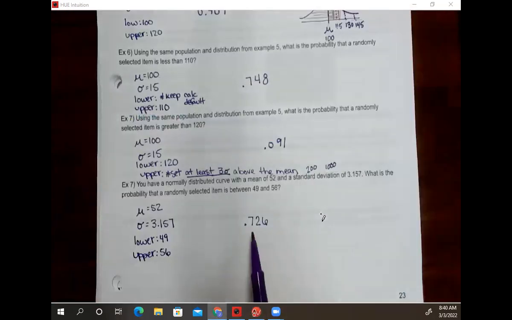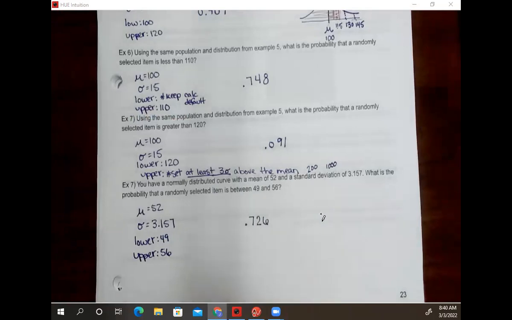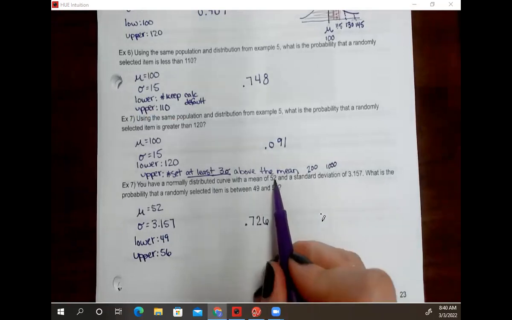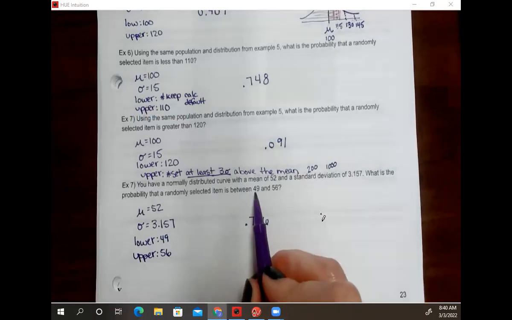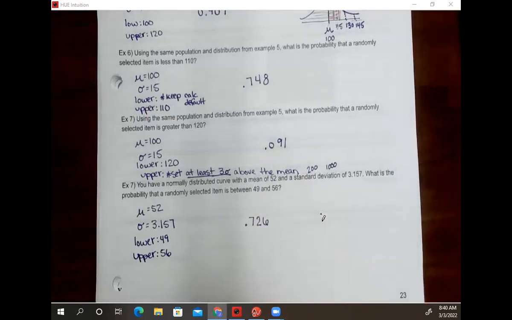So my mean is 52, standard deviation of a little over 3. What's the probability I'm between 49 and 56? Not quite a 3/4 chance. Okay, so that's finding those normal distribution probabilities using our calculators, using your TI Inspire.